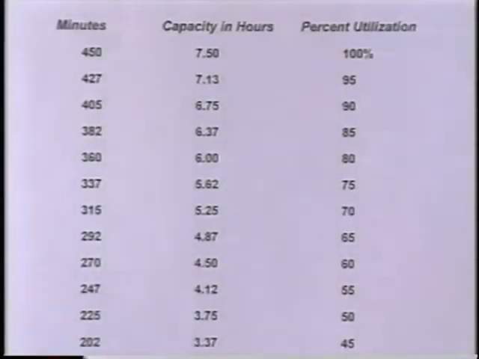So if you will turn to page number 10, we have another utilization matrix here, which brings us all the way down to 30% relative to the utilization, which in this case is on the right-hand column.